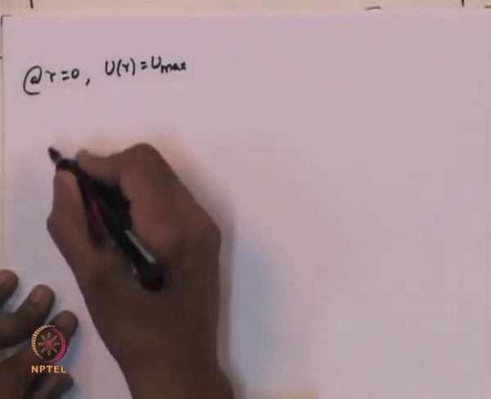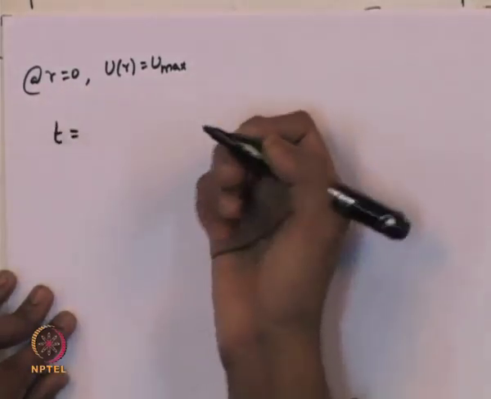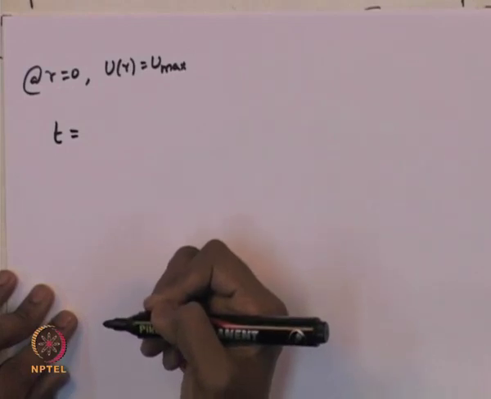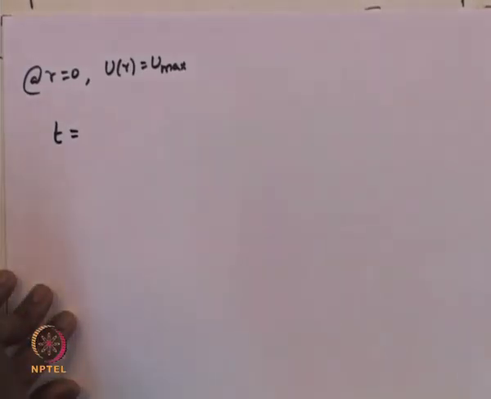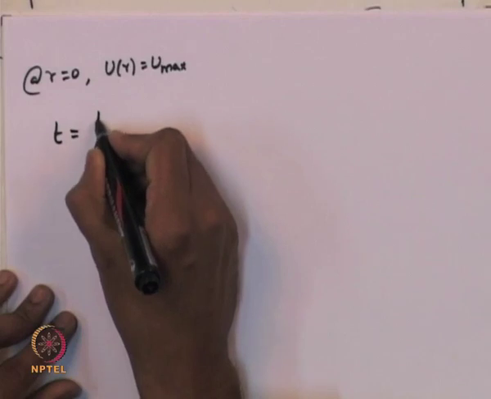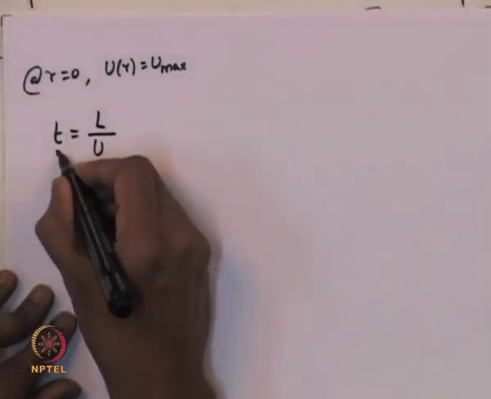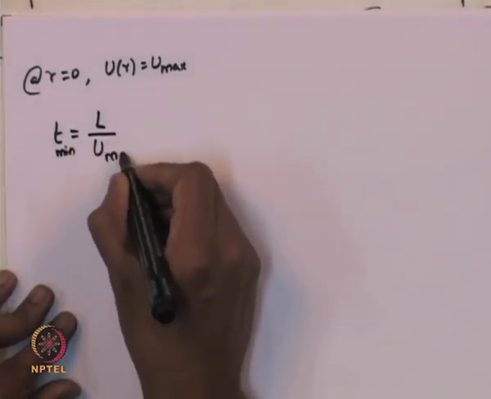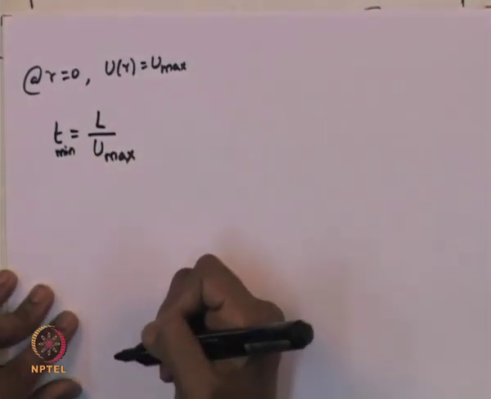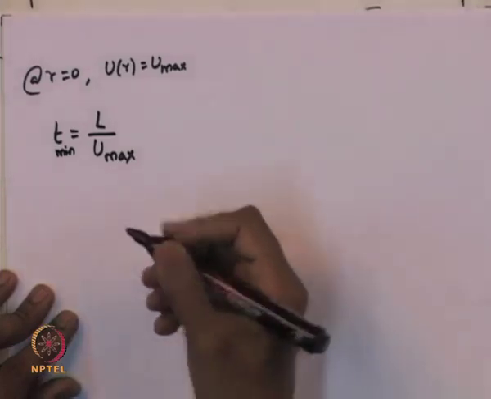So, how do we find this? We know that the time taken for the fluid elements to travel from one end of the reactor to the other end is simply given by L by U, and the minimum time is given by L by U max. That is the maximum velocity, and that is at the center of the reactor.